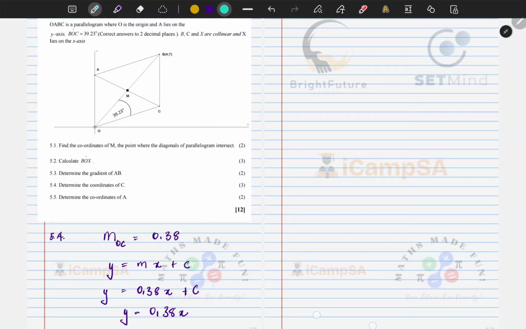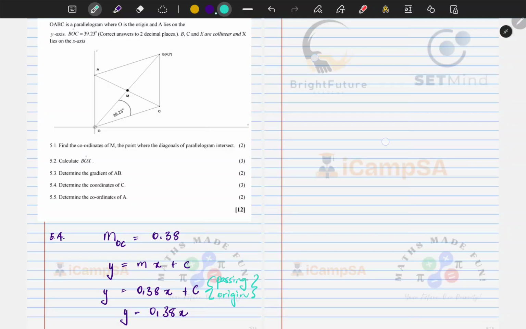So maybe we can just note here, passing through the origin. Right, so now you have y is equal to 0.38 times x.